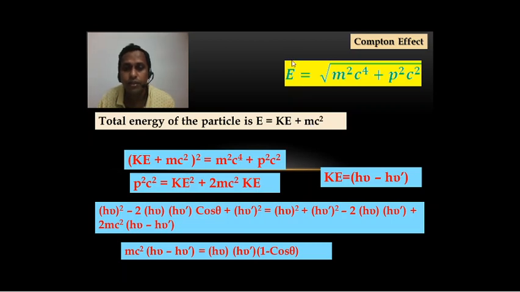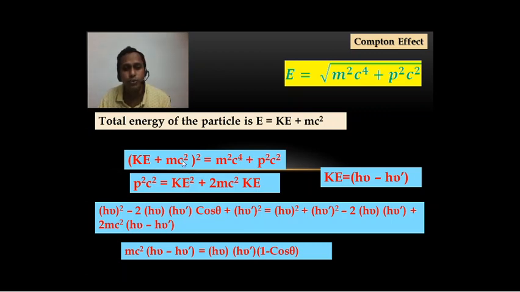Square this equation, the yellow box equation. What happens is E² is (kinetic energy + mc²)², which equals m²c⁴ + p²c².